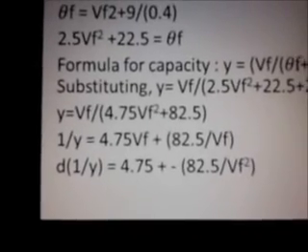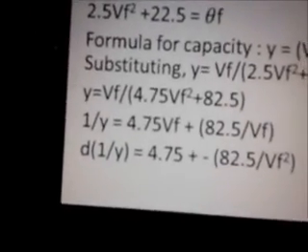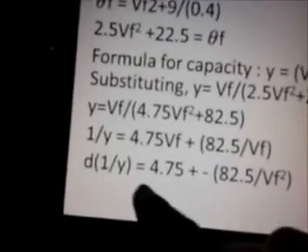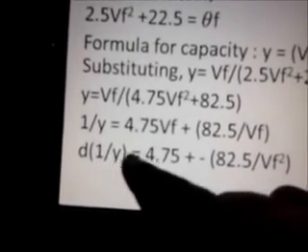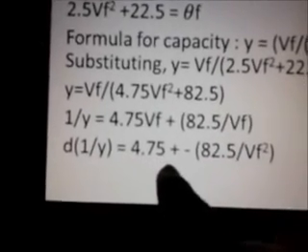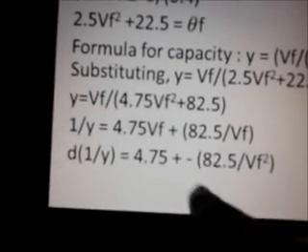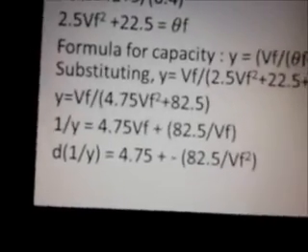And then, applying differential equation, we'll now have d1 over y is equal to 4.75 plus negative 82.5 Vf squared.